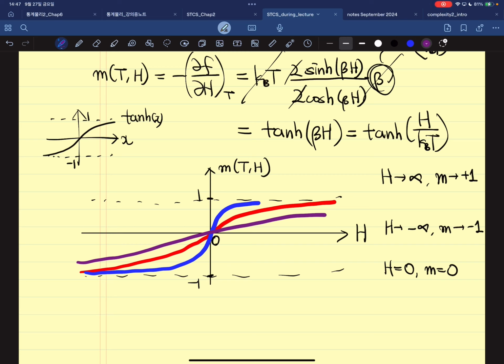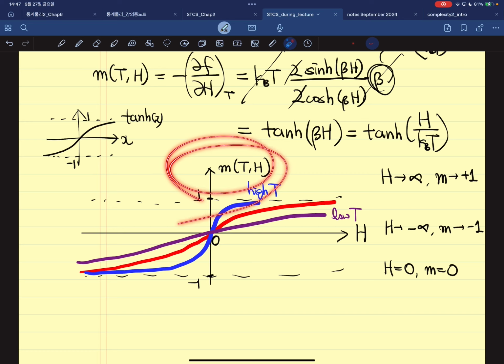This corresponds to the low temperature limit, and this one is the high temperature limit. So the response of the average magnetization to the external field really depends on the temperature here.